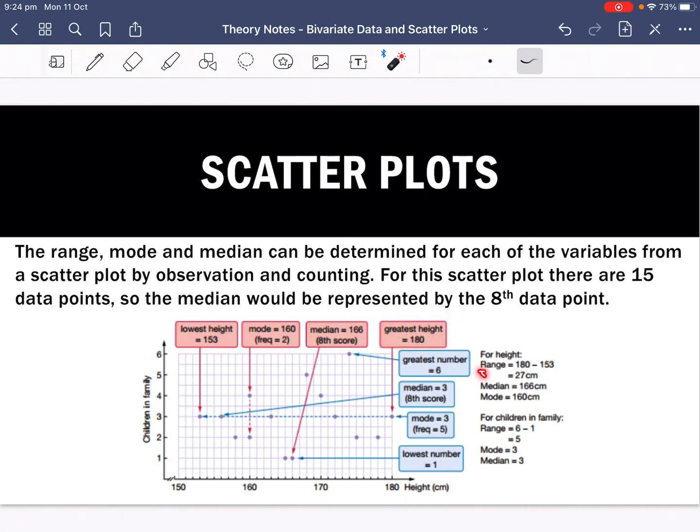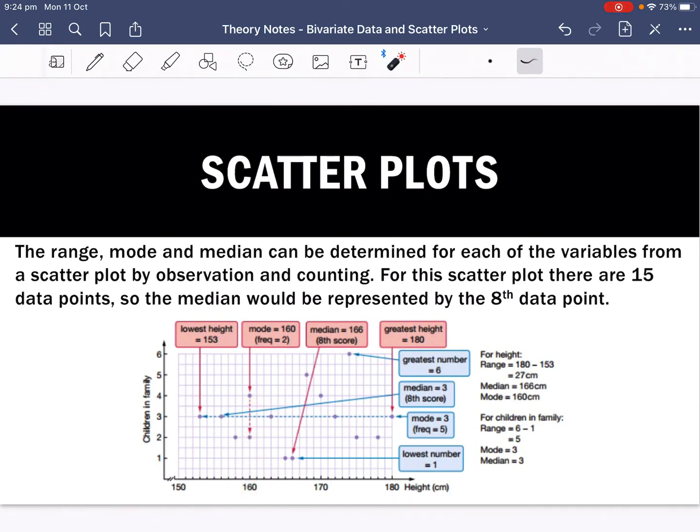So we can work out our range by going 180 minus 153 to get 27 centimeters. Our median is our 8th score, so we count across till we get to our 8th score, which is 166. Our mode is our most frequent score, and 160 occurs twice, hence why it's the mode.